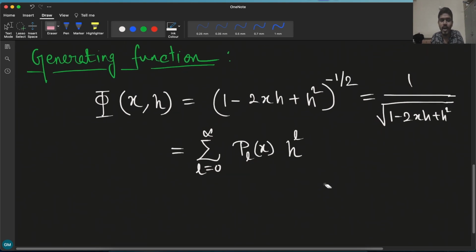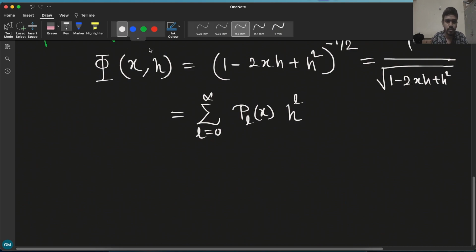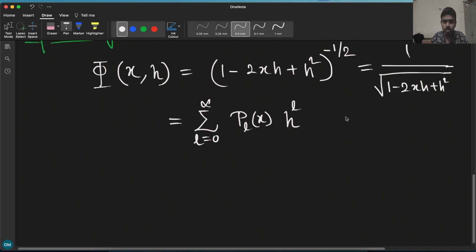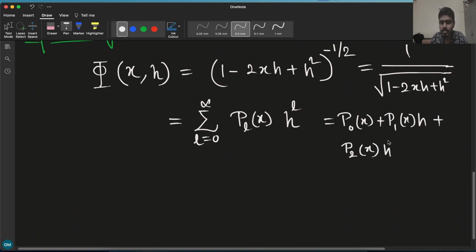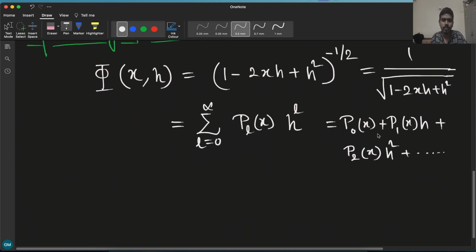If we expand it as a power series of h, then the coefficients of different powers of h give the different Legendre polynomials. So it will give P0(x) plus P1(x) h plus P2(x) h squared plus and so on.